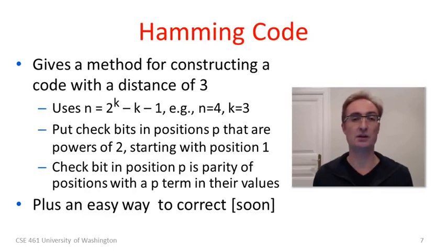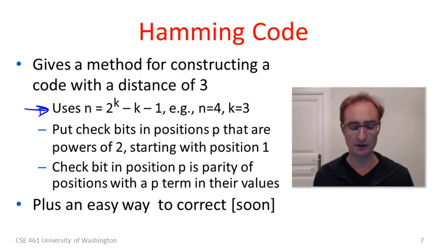Okay, so Hamming codes give us a way of constructing this code with a Hamming distance of 3 and also an easy decoding method which will allow us to do the correction and move to the closest valid code word. In a Hamming code, there are parameterized families, so if you pick a k for a number of check bits, then you can work out n, how many data bits go with that using the expression 2 to the k minus 1.